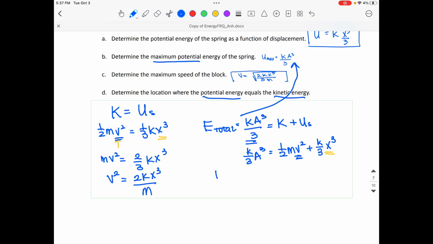So I'm going to take my k over 3 A cubed is equal to 1/2 m times 2kx cubed over 3m plus k over 3 times x cubed. And what's nice is my m's cancel out, my 2's cancel out.